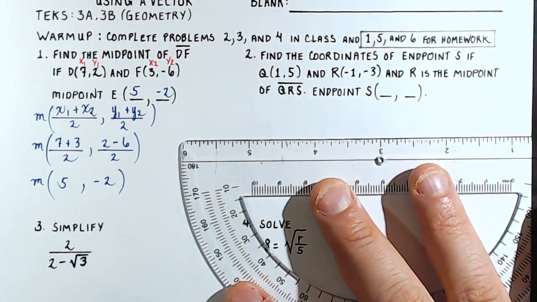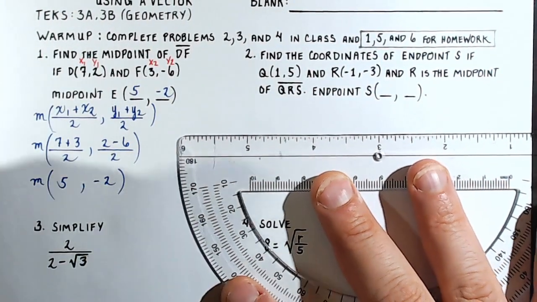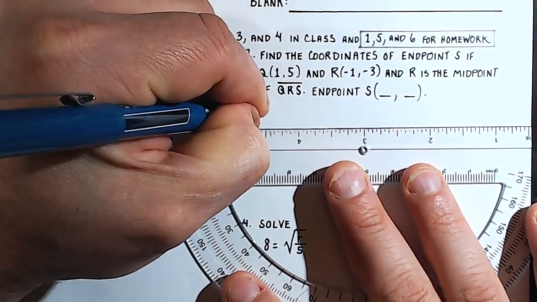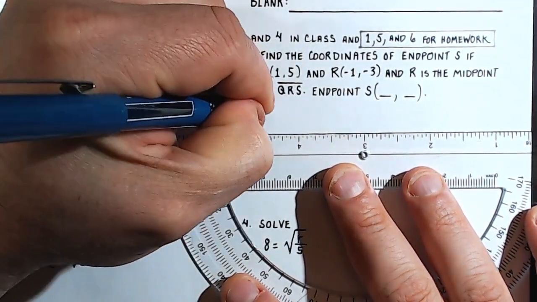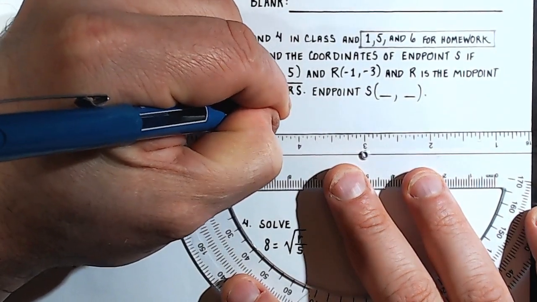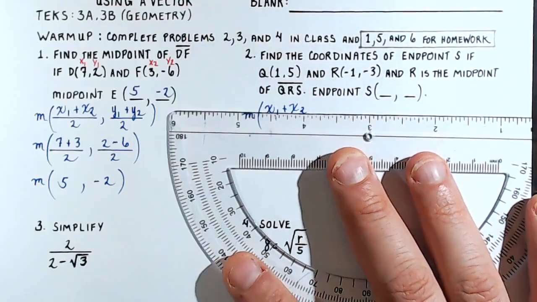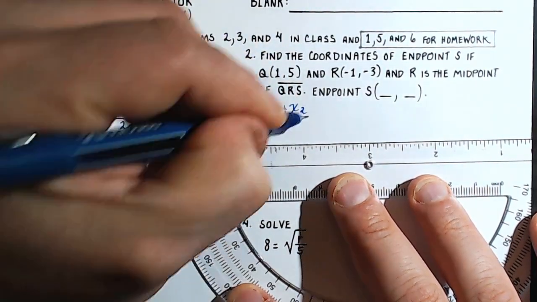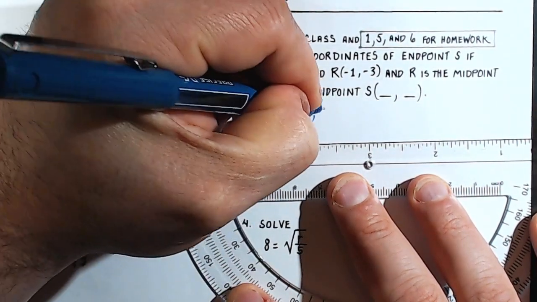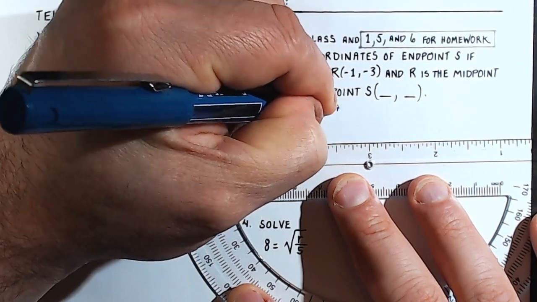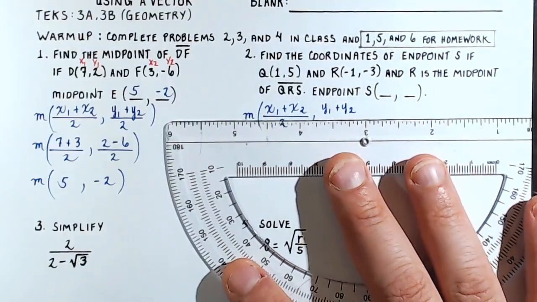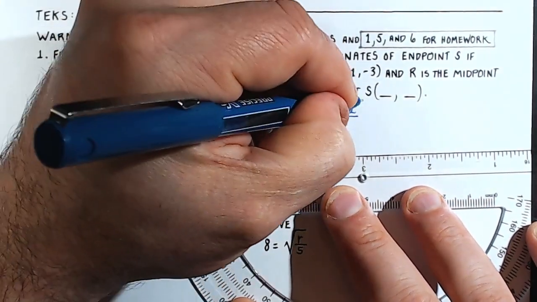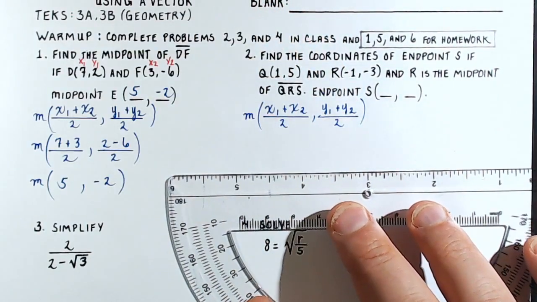Here's how we set this up. First, write the midpoint formula. x1 plus x2 over 2, comma, y1 plus y2 over 2. Okay, so those are the coordinates.